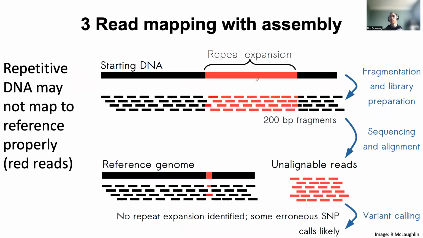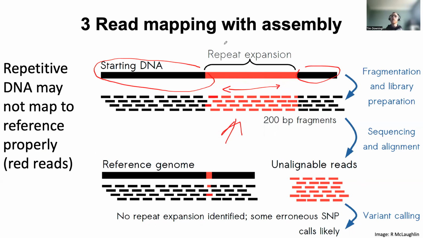When we're thinking about using mapping and assembly together, what we consider is our starting DNA here on our reference genome. It may have repetitive segments symbolized with the red sequence. If we have short reads, as shown by the red bases here, where they don't span the full length of this sequence, for a very long repeated extraction, that will be difficult to resolve, and short reads just won't resolve it.